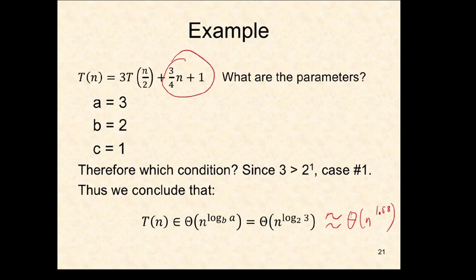It's not less than the polynomial portion. Generally what this means is that because it's greater than the polynomial portion, because a is greater than b to the c power, the recursion is the bulk of the work. Because the 1.58 is greater than the first power, the bulk of the work is in the recursion.